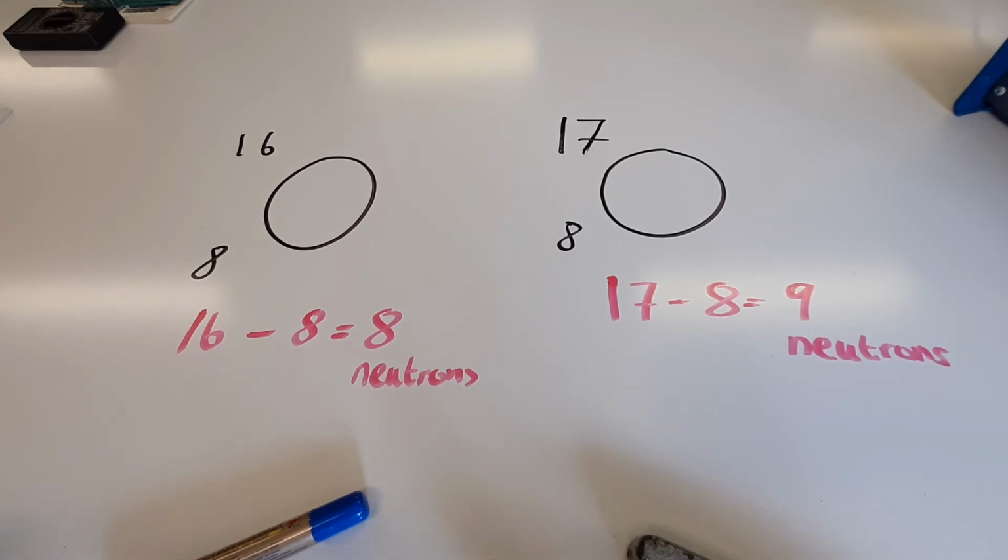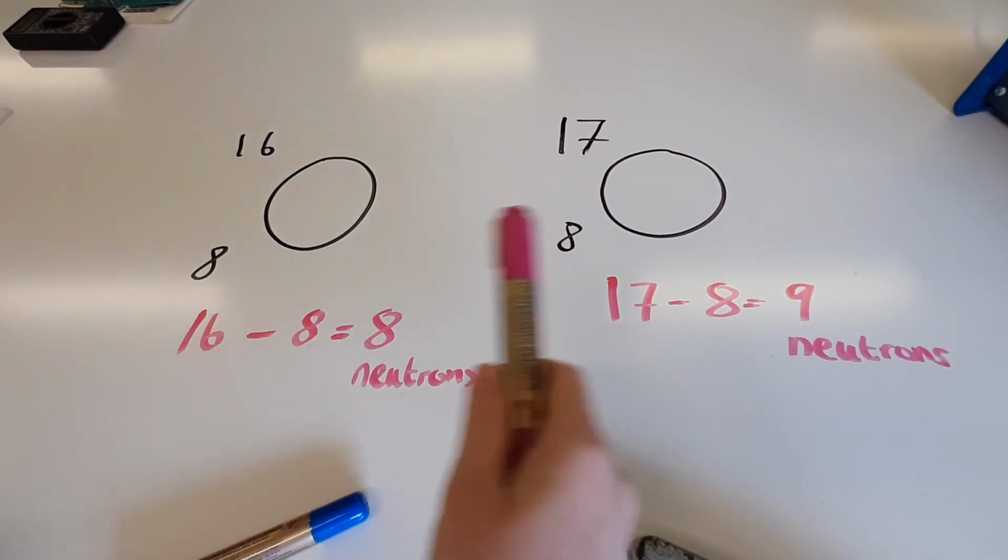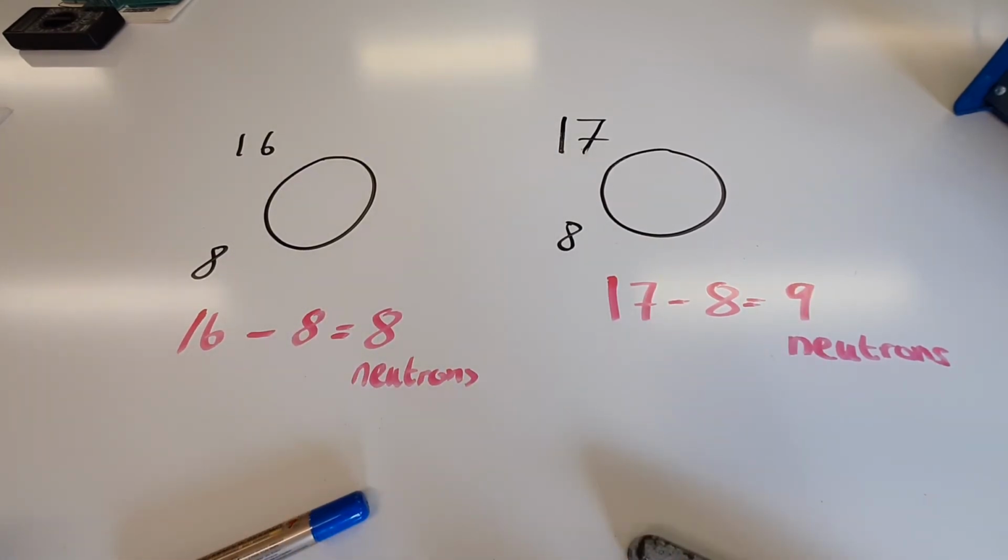We're talking things like uranium and stuff like that. Not really going to happen with the smaller things, and definitely not with the elements you'd be encountering at GCSE. Things up to neon and argon, you're unlikely to get radioactive isotopes from those elements. So, there you go. Nice and straightforward. We've got some easy maths, and there you go.